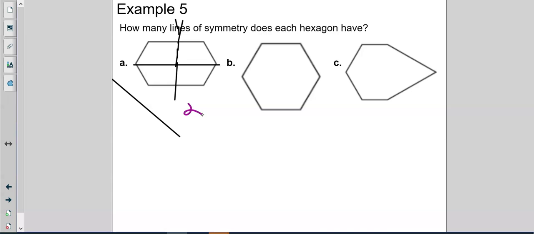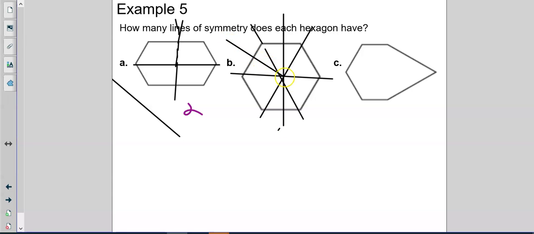Okay? Now this one, this is special. This one, if I go corner to corner on all of these, that will work. It will fold over. Okay? And if I go straight down the middle, and if I think about it going this way, kind of the middle of that flat part, and this way, okay, how many lines did I just draw?